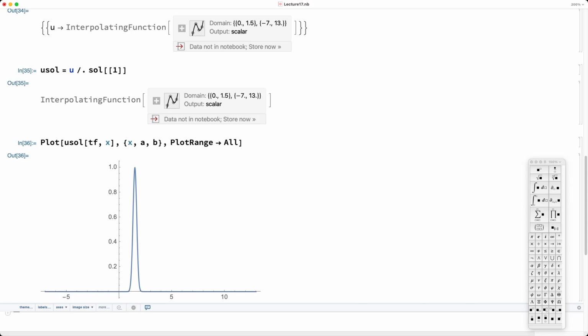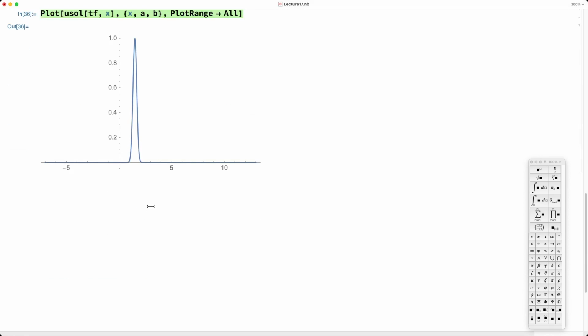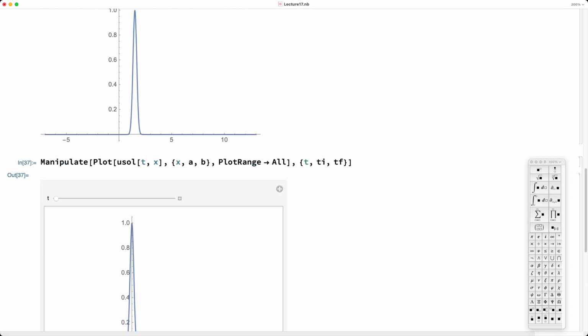And we can also create an animation. So to create an animation of this solution, I can use Manipulate, and over here I can put the time t, and then use that as a parameter that I will vary from ti to tf.